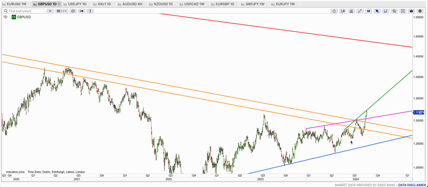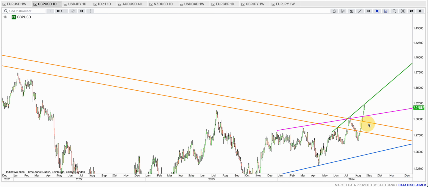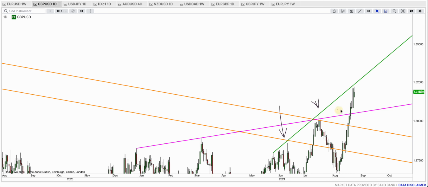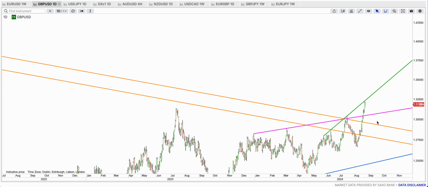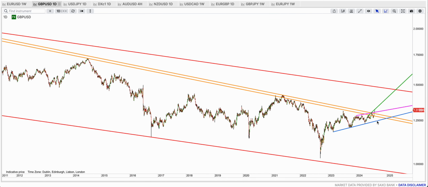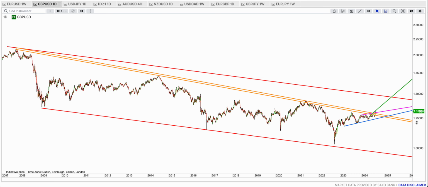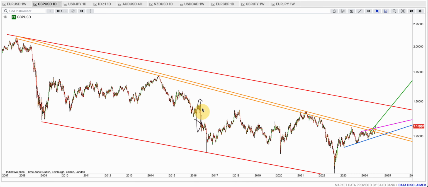The purple resistance is also broken at ascending resistance. And we have this green one that is holding at the moment, but I don't think it's going to hold for too long. I think pound sterling is targeting the 1.4. This is the Brexit 1.45. That's what it's targeting, that red top band at 1.45.